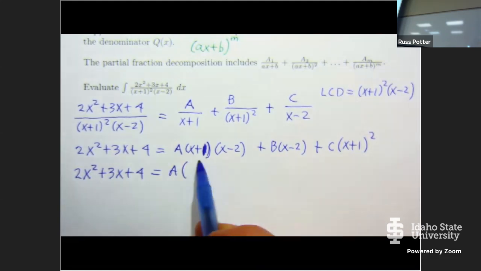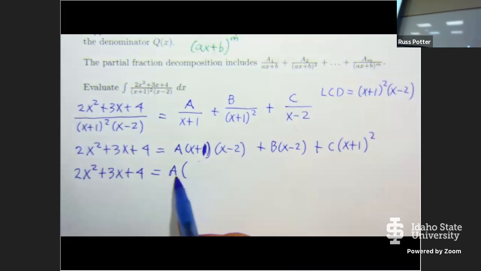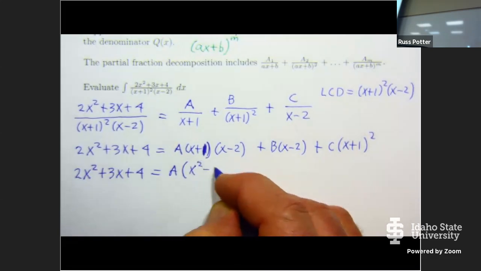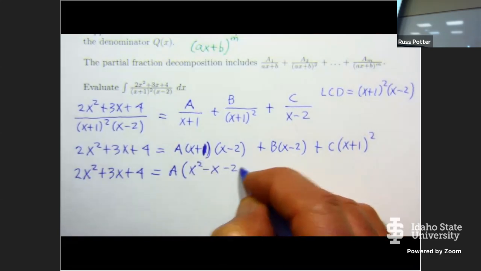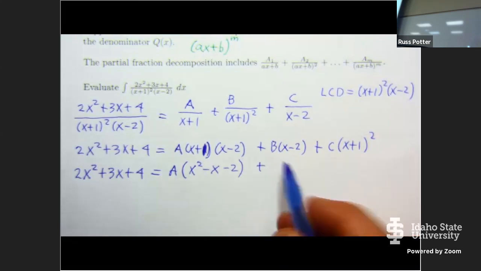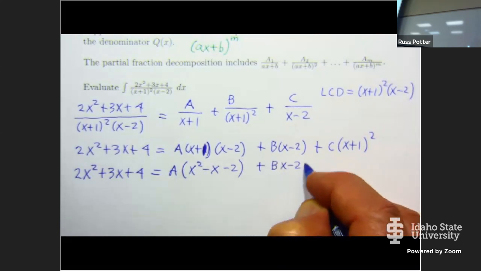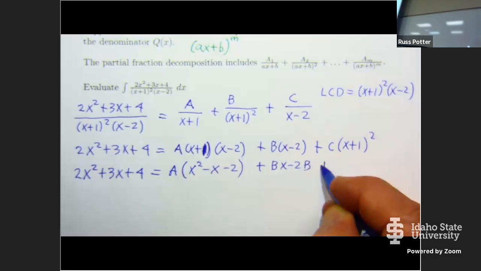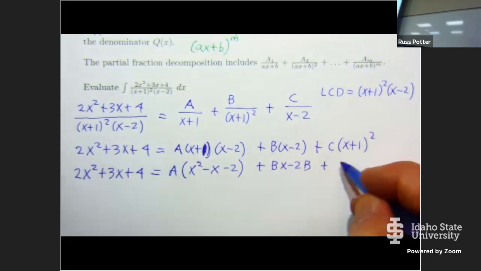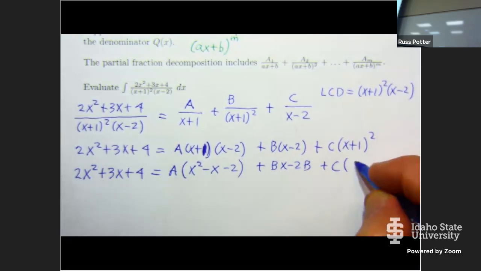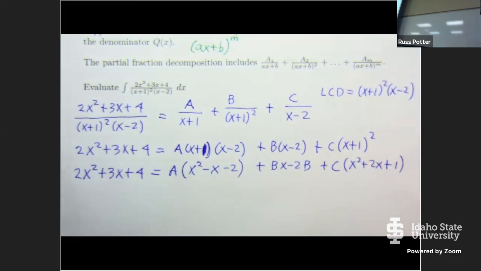I'll multiply x plus 1 times x minus 2 first, and then afterwards multiply by a. So x plus 1 times x minus 2, we get x squared minus x minus 2. Then b times x minus 2 is just bx minus 2b. And then plus c times x plus 1 squared. When we square x plus 1, we get x squared plus 2x plus 1.